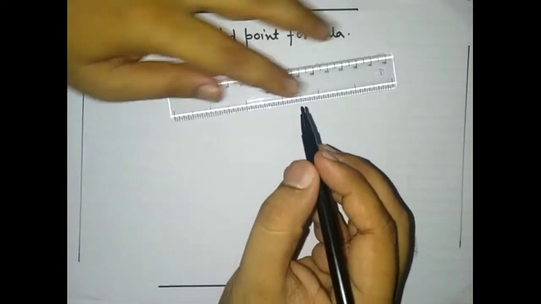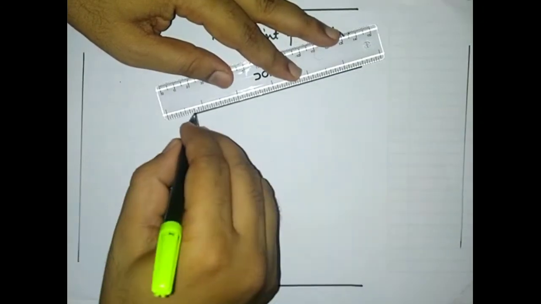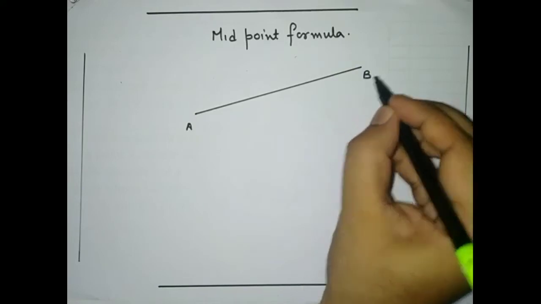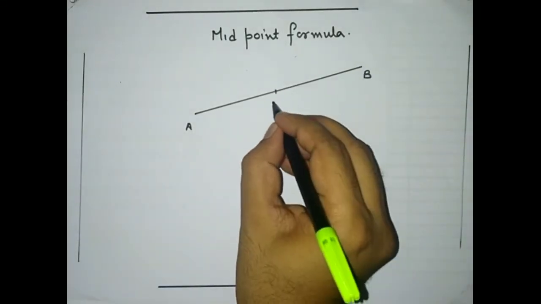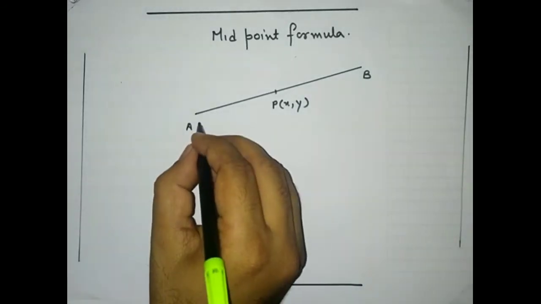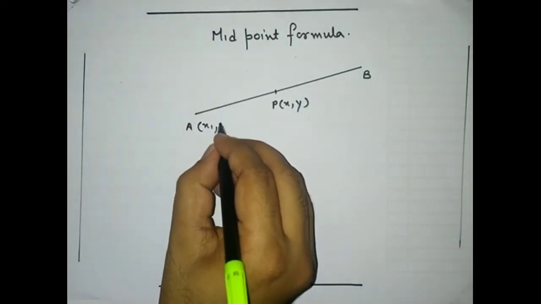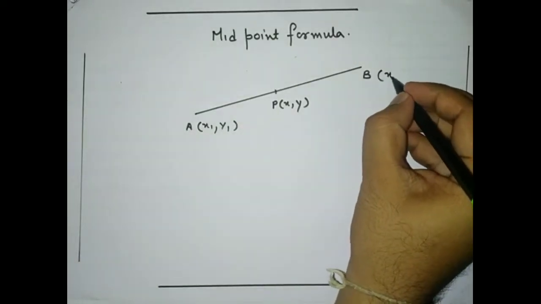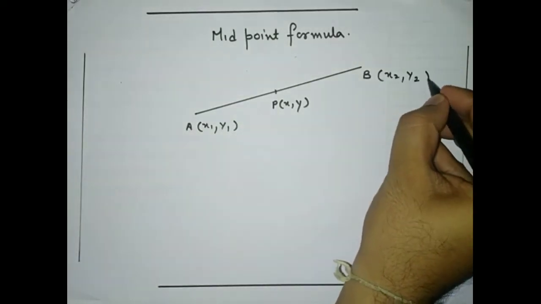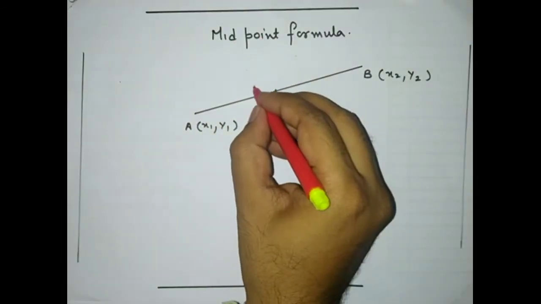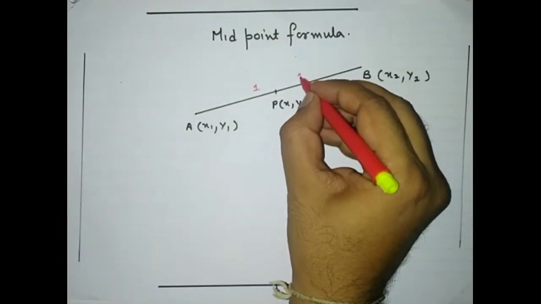Now let us consider the situation from the section formula where the terminal points are A and B and the point P divides this line in two equal parts. Let the coordinates of A be x1, y1 and B be x2, y2. So the ratio m:n will be 1:1 here because P is the midpoint.